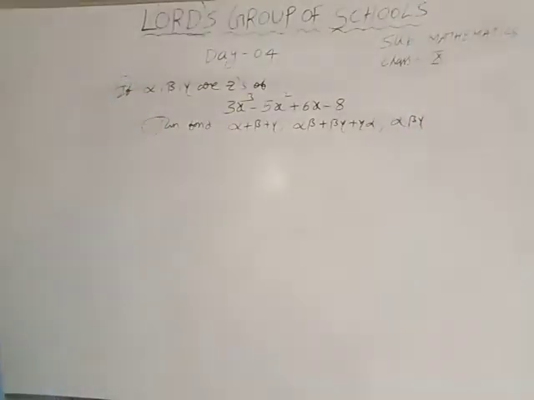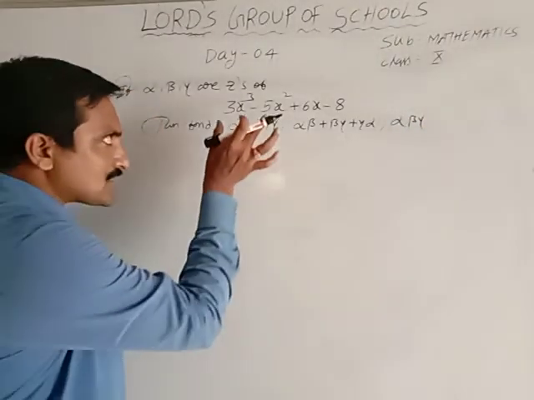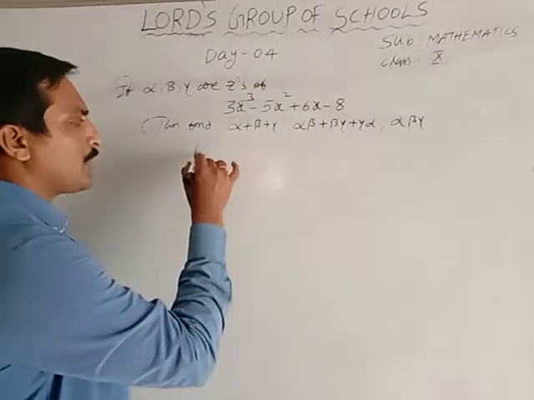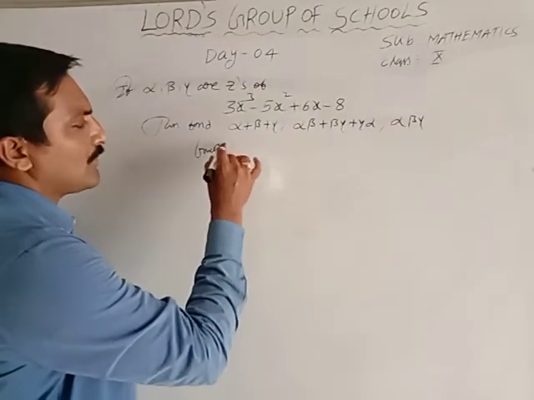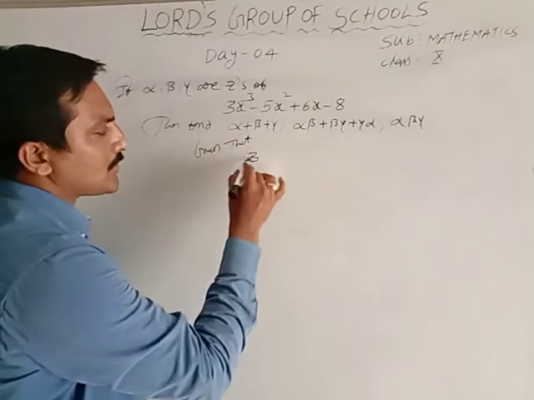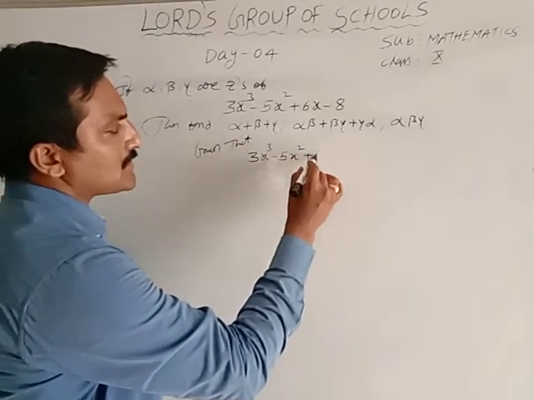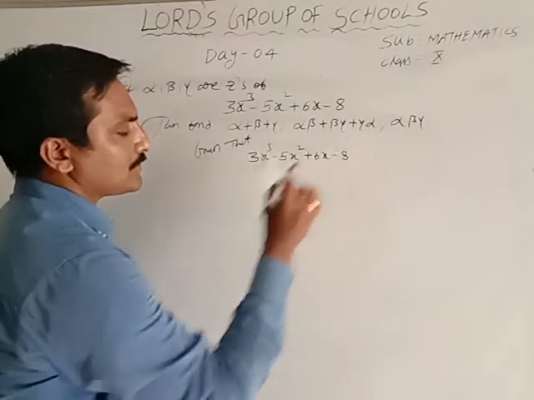Like that it is asked. First of all, what is the given polynomial? You have to write that polynomial. The given polynomial is 3x cube minus 5x square plus 6x minus 8.